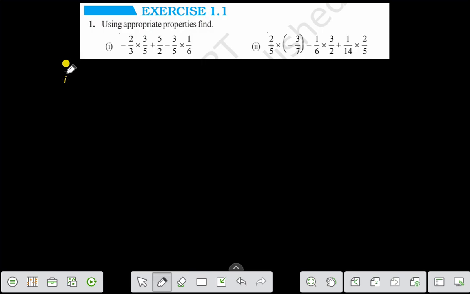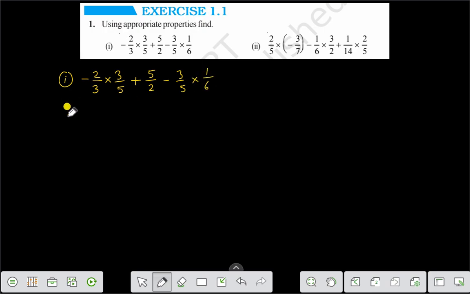Question number 1 is, here you see, minus 2 by 3 into 3 by 5 plus 5 by 2 minus 3 by 5 into 1 by 6.